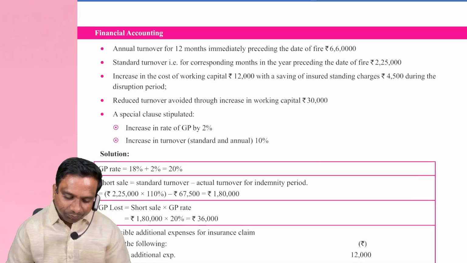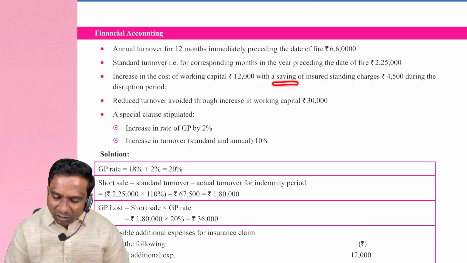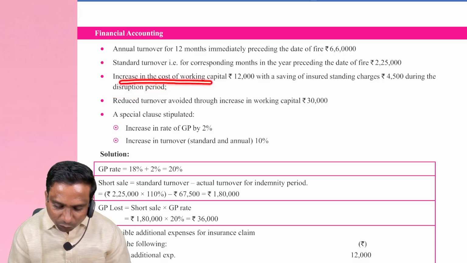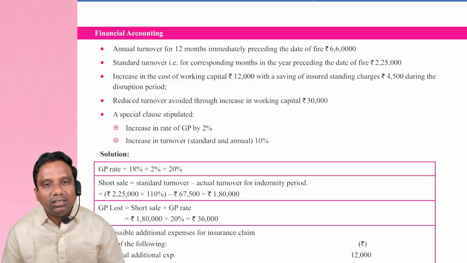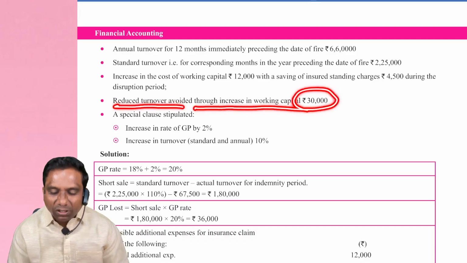Observe carefully. Increase in the cost of working capital 12,000 with a saving of insured standing charges 4,500 during the disruption period. Here increase in the cost of working capital is nothing but our expenses 12,000 rupees. Additional expenses. Reduced turnover avoided through increase in working capital 30,000.